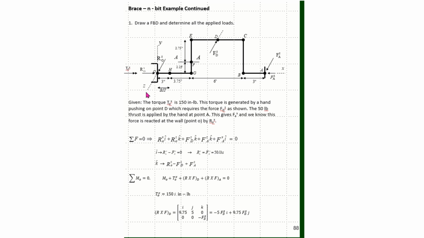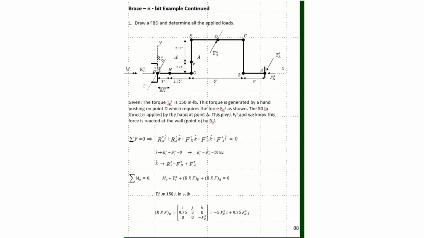So now we can begin to look at putting this system in equilibrium, and we do that by summing forces and moments. And this is where the real engineering challenge is generated, and where we really need to think about the system that we have. So it says that we had a torque of 150 inch-pounds.